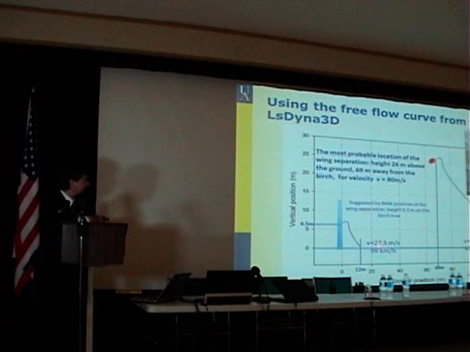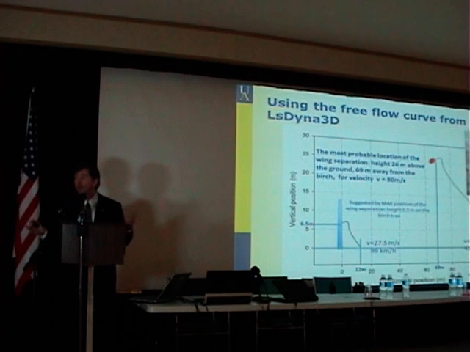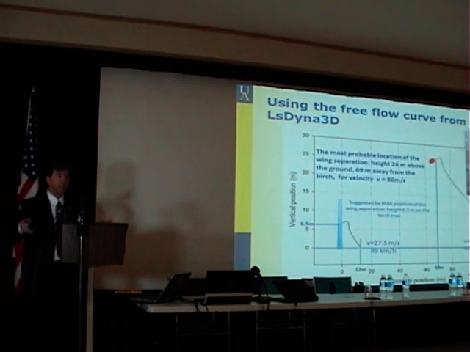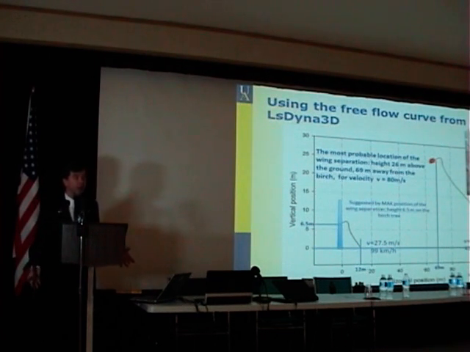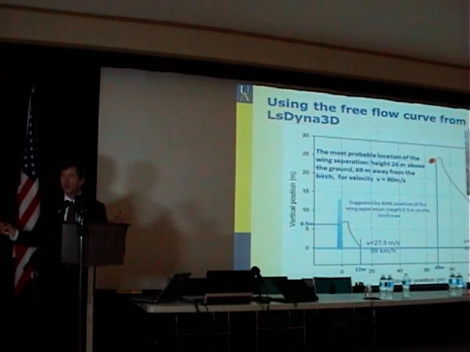And it will hit the ground with a velocity of 99, almost 100 kilometers per hour. We are talking about a 600 kilogram mass, almost like a car, hitting the ground at 100 kilometers per hour. I would imagine there would be a mark left at that location, right? There's nothing left at that location.